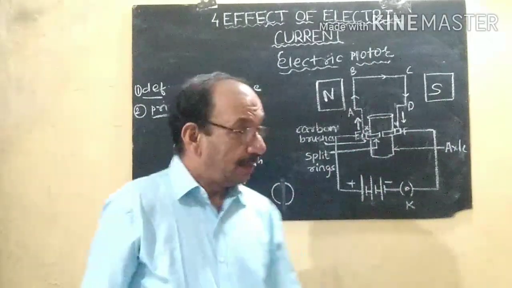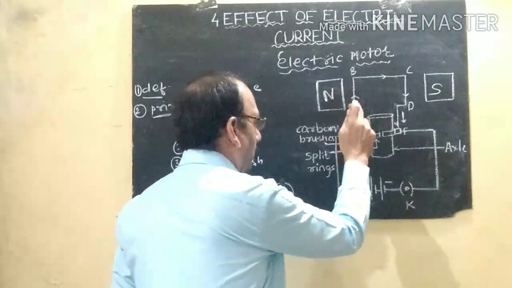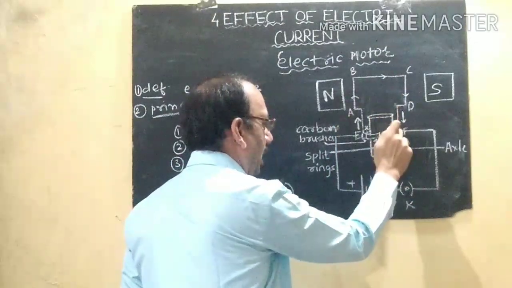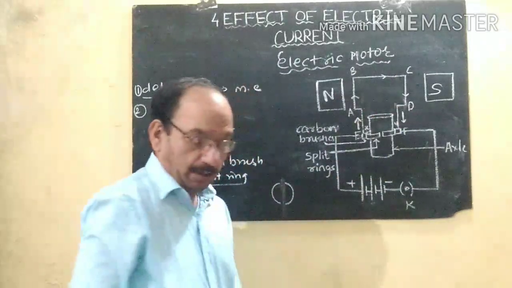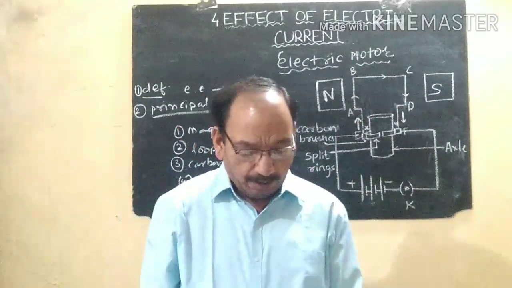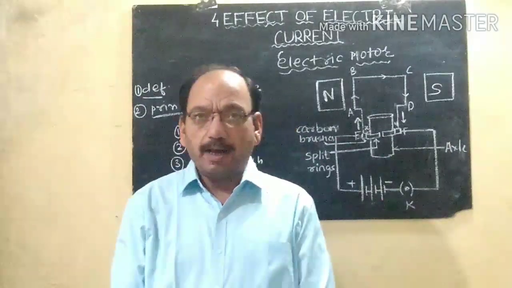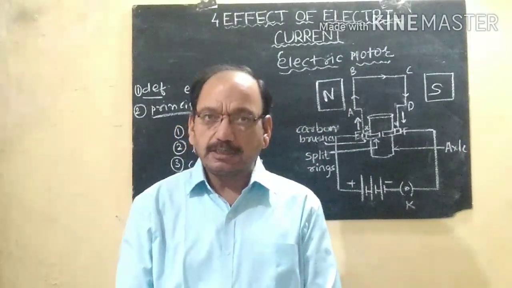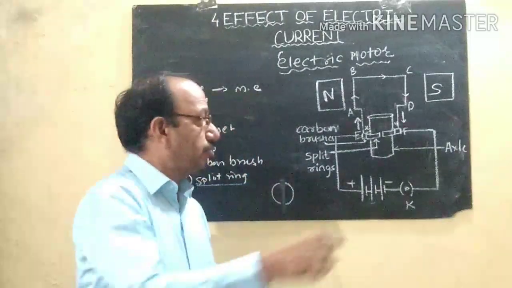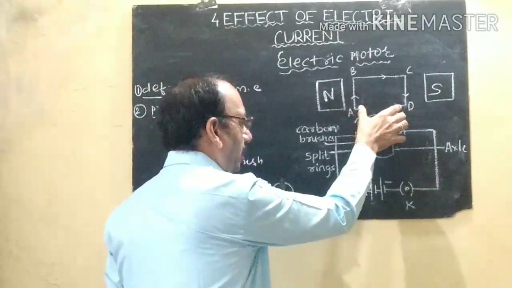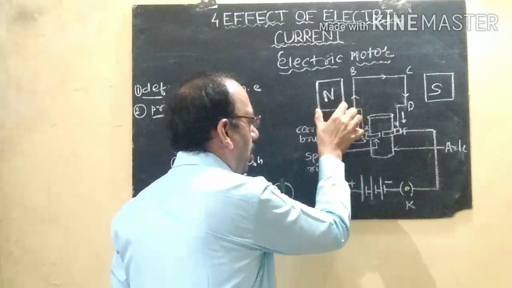Here, this rectangle coil, which is also known as an armature coil, ABCD, is made from copper wire wound with resistive copper wire, and is placed between this horseshoe magnet.